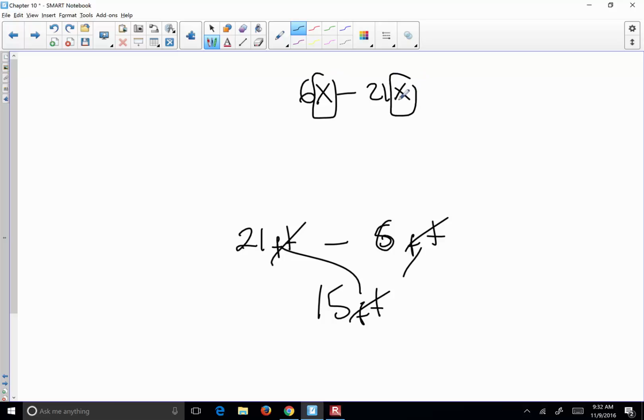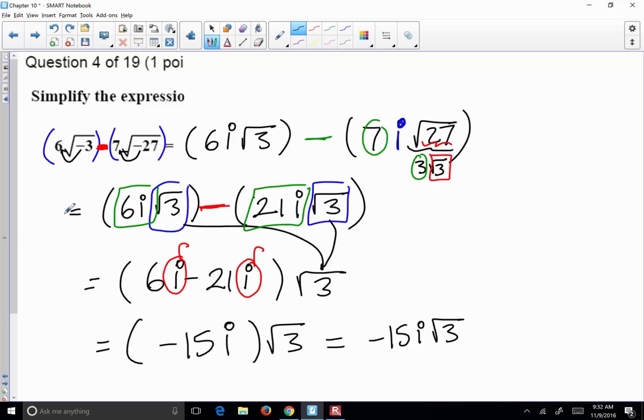Think of it as a unit: 21 meters, Celsius, Fahrenheit. x is just a symbol, okay? So you keep it all the way, whatever the numbers change into. i is that same thing. i is just standing for a variable. It's root negative 1, so it's kind of a variable.